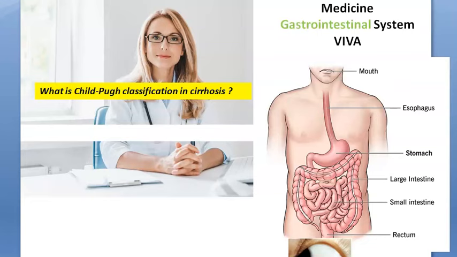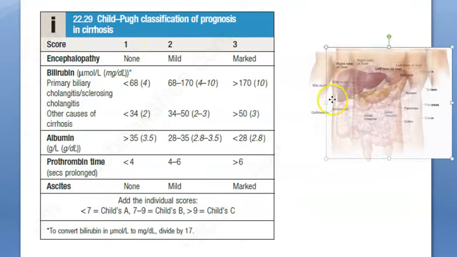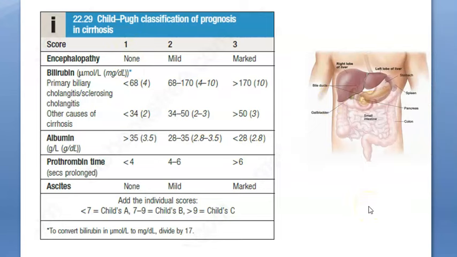What is Child-Pugh classification in cirrhosis? Ma'am, Child-Pugh classification in cirrhosis is to tell the prognosis of the cirrhosis, whether it will be good or bad, ma'am.